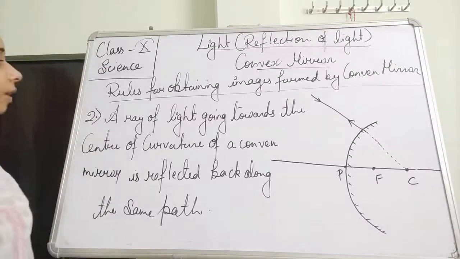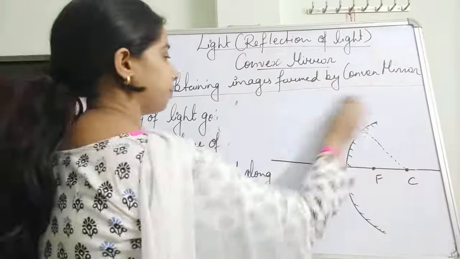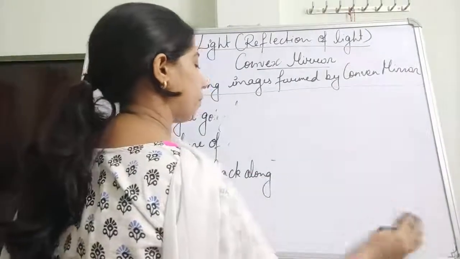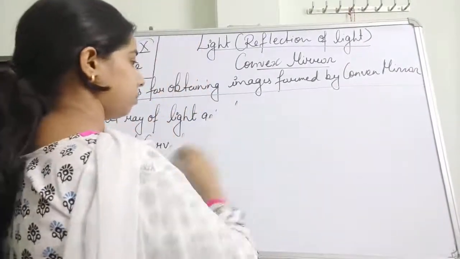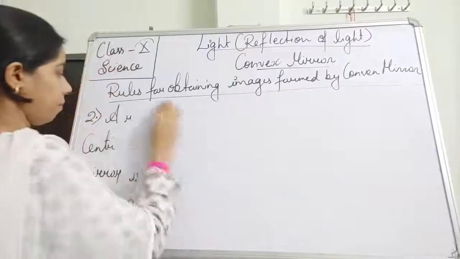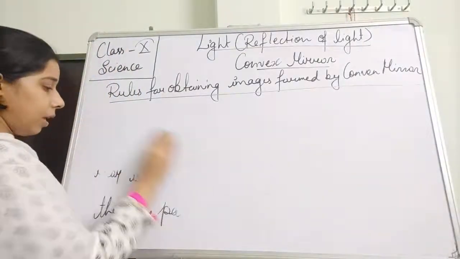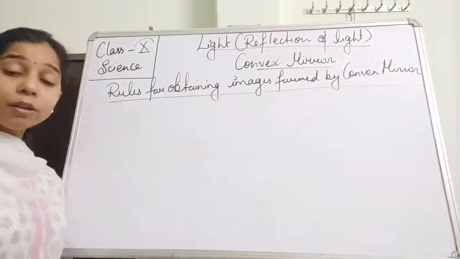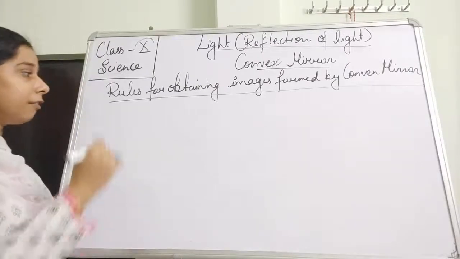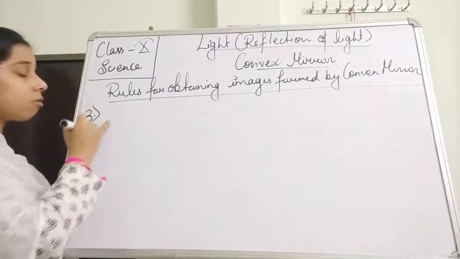Next rule is the third rule. Like the rules we have seen in case of a concave mirror, the convex mirror also has 4 rules.